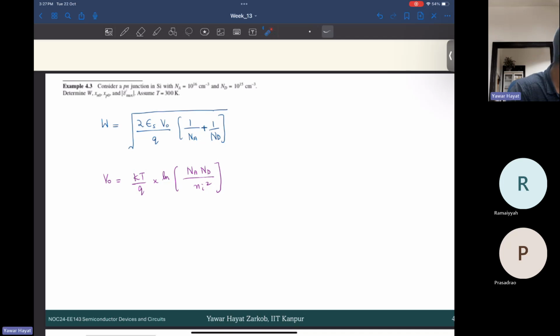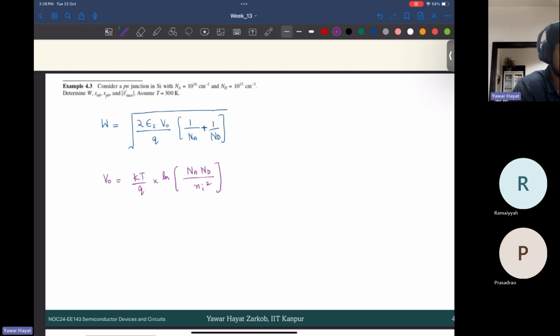So now, what is the value of V naught then? Plug in the values and let me know. I'm assuming you have a calculator. You can take the value of Ni, intrinsic carrier concentration, as 1.5 into 10 to the power 10 per centimeter cube. kT by q, you can take that as 26 millivolts.